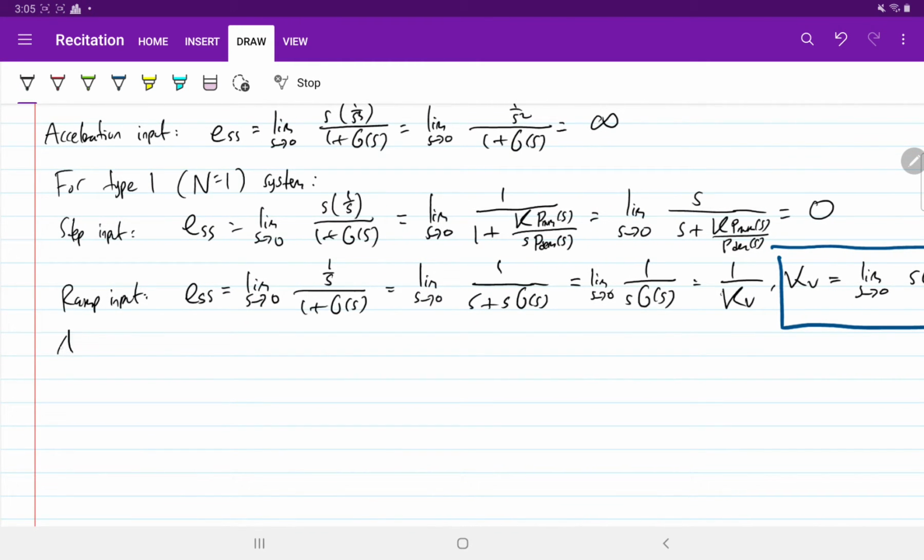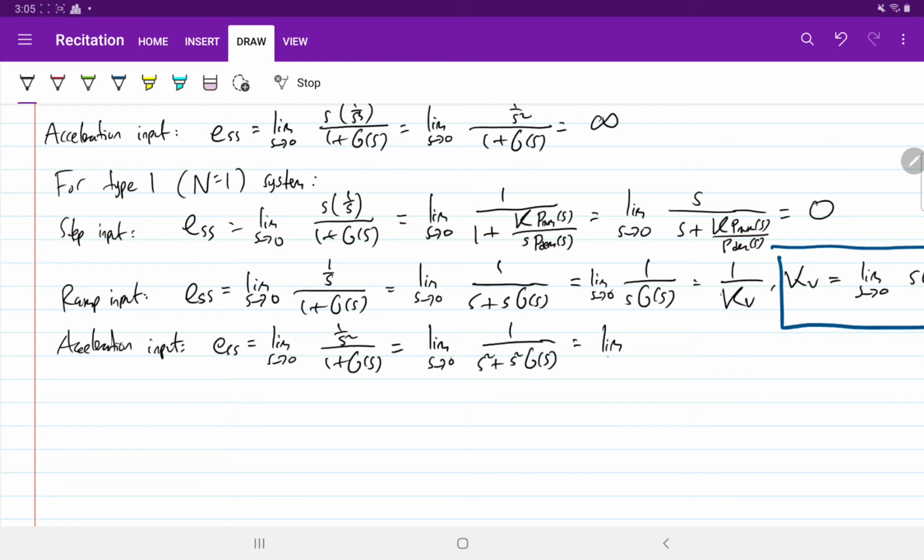For acceleration, the steady state error is limit s to 0 of 1 over s squared 1 plus g of s, which is limit s to 0 1 over s squared plus s squared g of s.